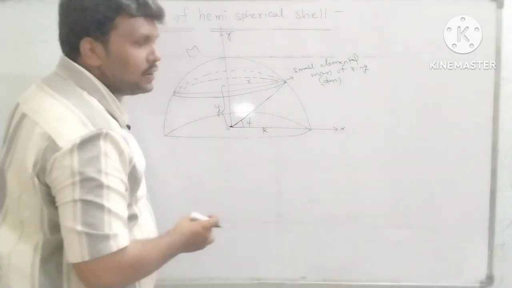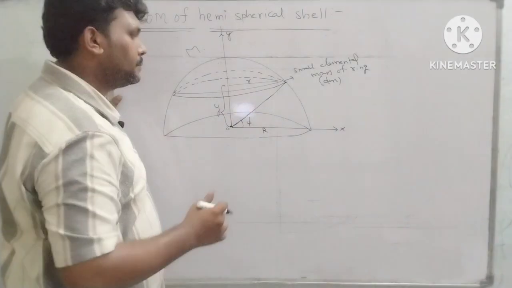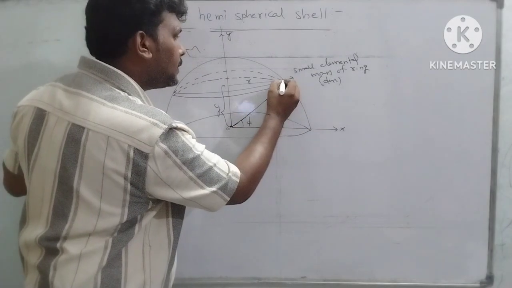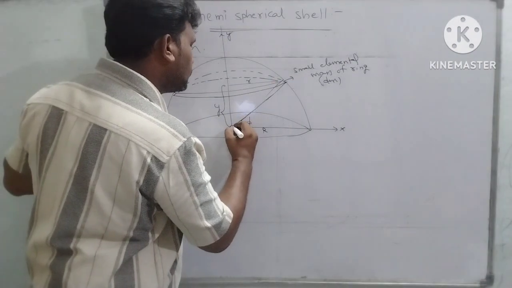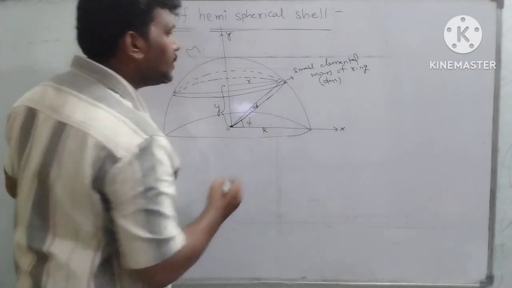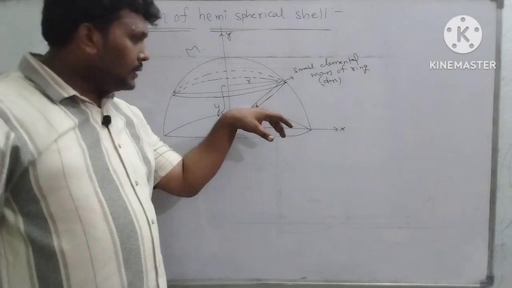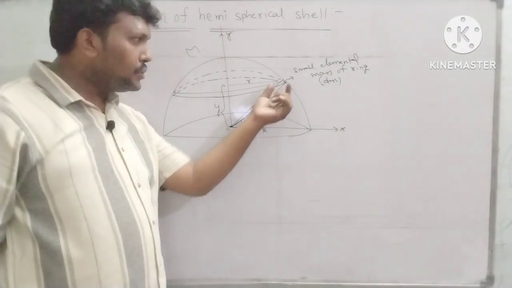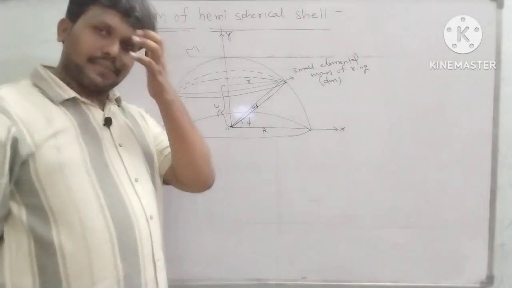Let me tell you once again, the position of the elemental mass I am taking at an angle phi with the x-axis, and the angle of the width of this small elemental mass as d phi. So d phi is the angle of the width of the ring and phi is the position of the elemental mass at an angle phi with the x-axis.